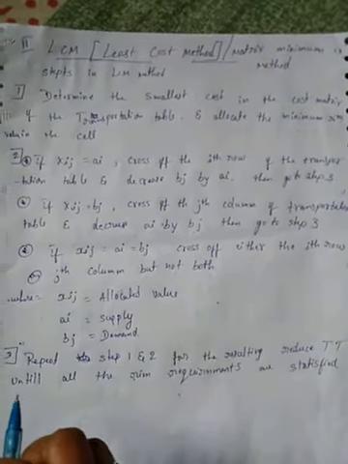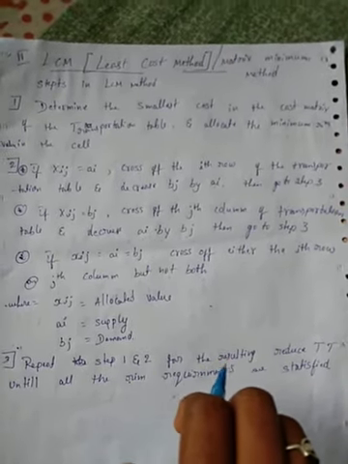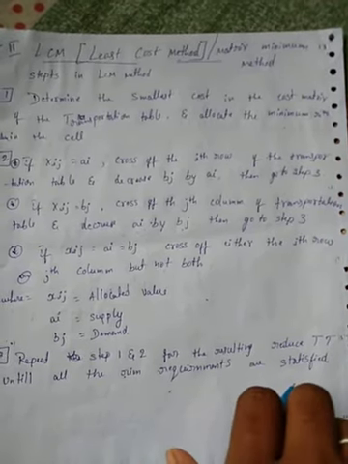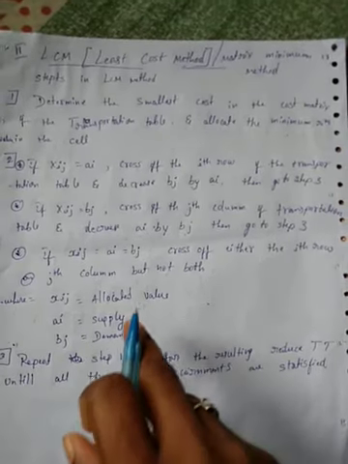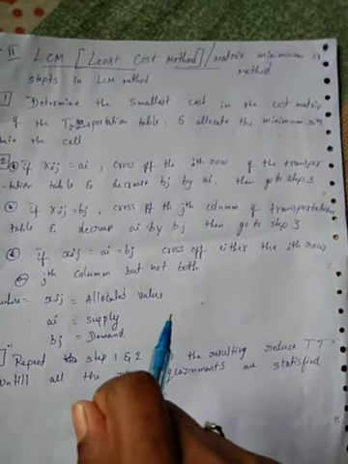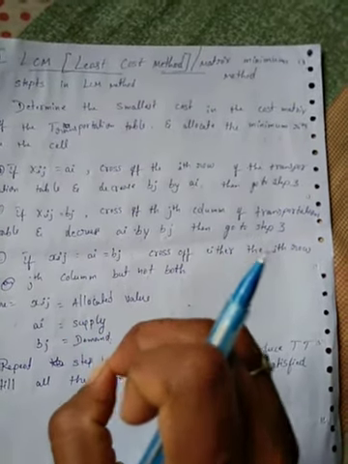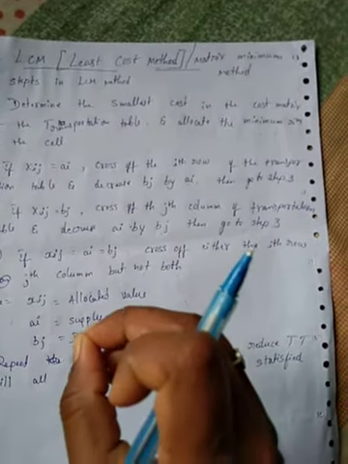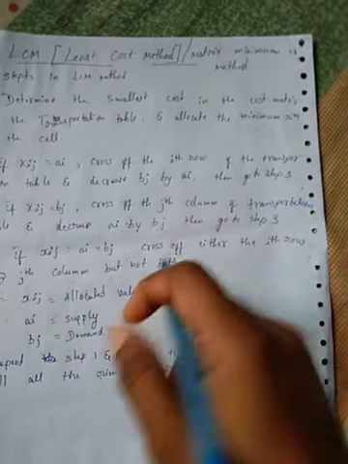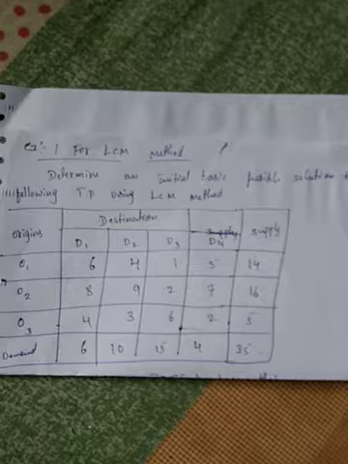The last step is to repeat step 1 and step 2 for the resulting reduced transportation table until all the rim requirements are satisfied. We continue the same procedure under the LCM method until all the rim requirements, or supply and demand conditions, are satisfied.